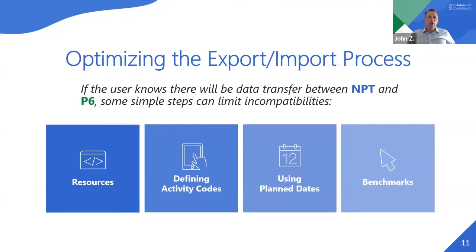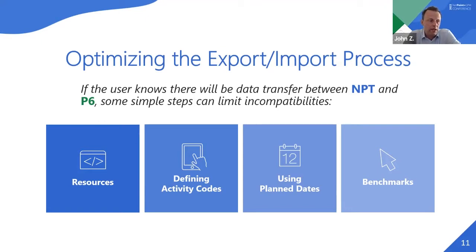Okay, so if you know you're going to go back and forth between the two with frequency, or really at all, as long as you have so-called control of both schedules, then you can really limit the incompatibilities. So for example, in the wind farm, our project controls team was handling both schedules. So we were able to minimize, in fact, pretty much eliminate incompatibilities.